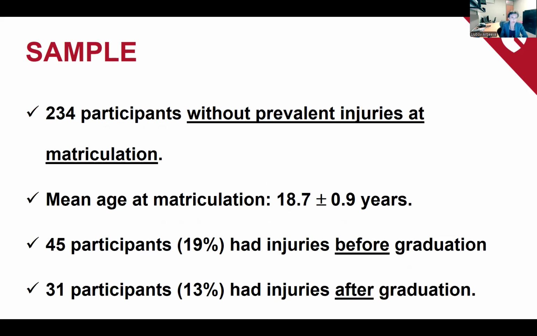So we had 149 males and 85 females, 6% were Hispanic and 85% were white. The mean age at matriculation was about 19 years. Almost 20% had injuries before graduation, and less than 15% had injuries after graduation.